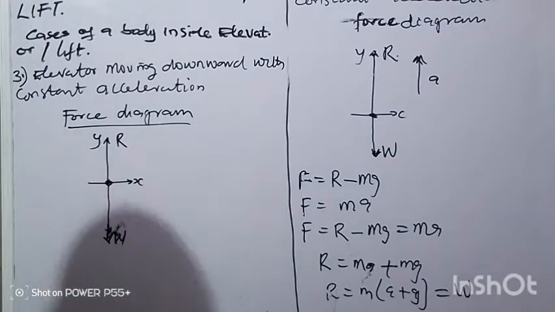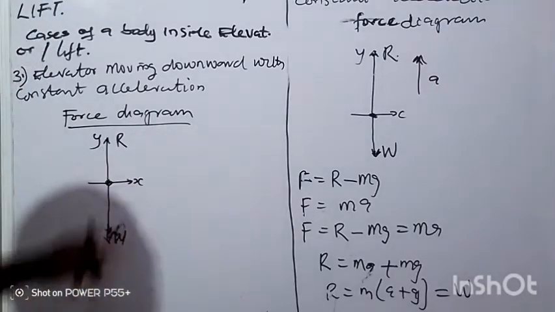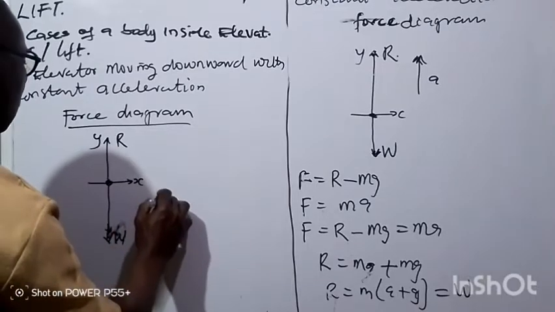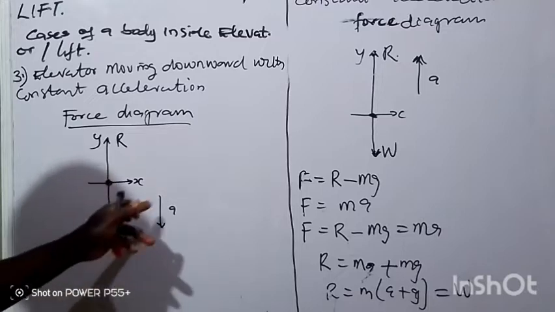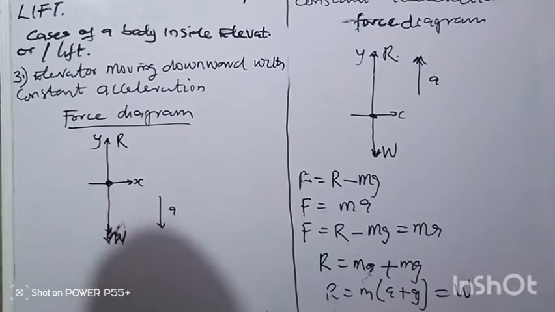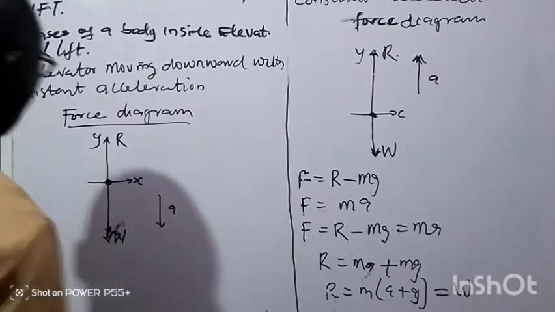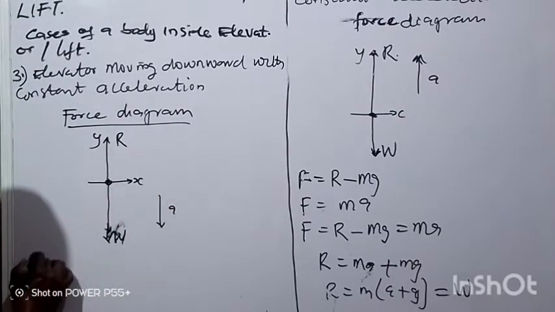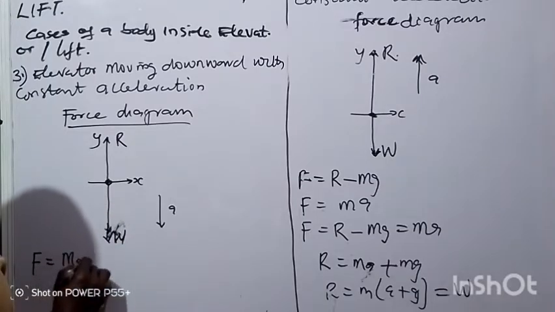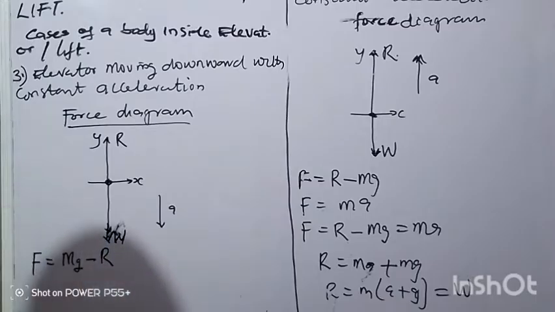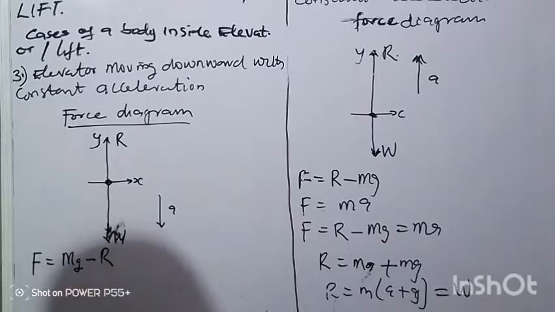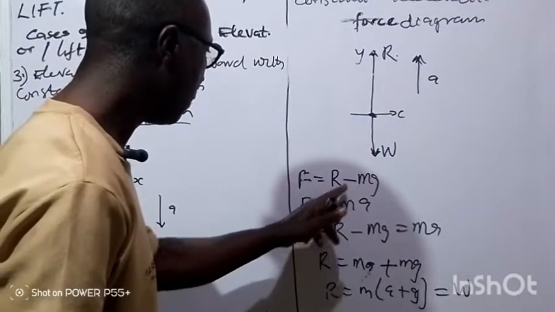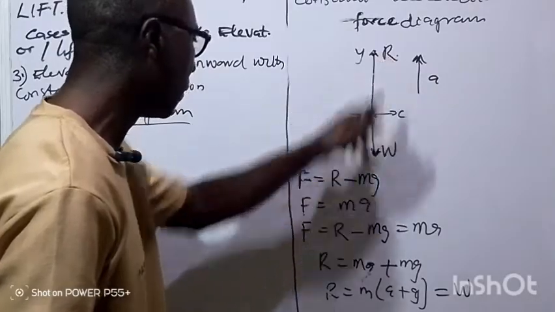But the resultant force on this object, since the acceleration is now downward, will also be in the direction of the acceleration, which is downward. So we are going to have it like this. Then the resultant force F will be equal to mg minus R. Mind you, it is mg minus R since the weight is greater than the reaction, unlike the previous case, R minus mg, where the reaction was greater than the weight.